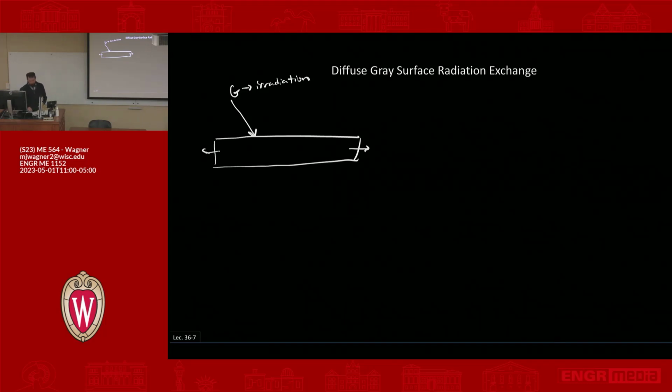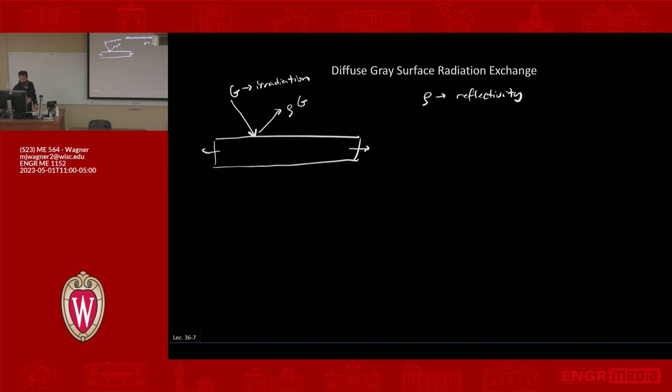Once that happens, I guess you can have a few things occur. First, you could have light that's reflected off. So that reflection would be characterized by what we're going to call rho, which is the reflectivity, times that irradiation. Let's see, make a note of what these things are. So first I've got rho is reflectivity.